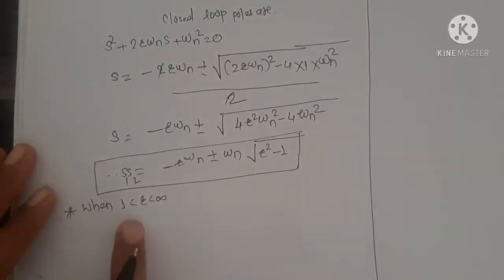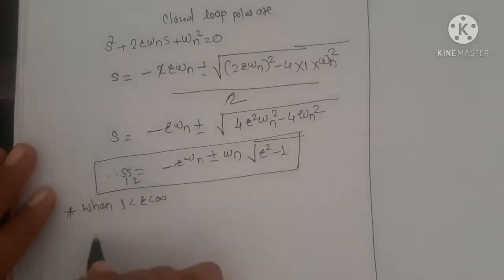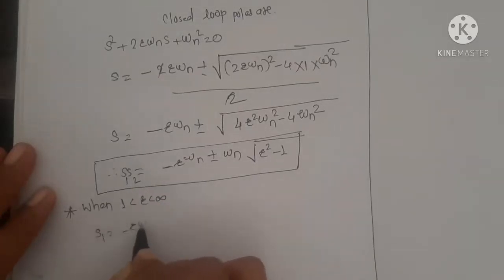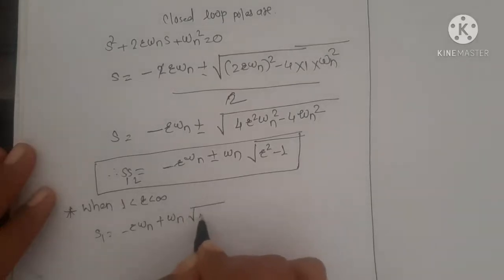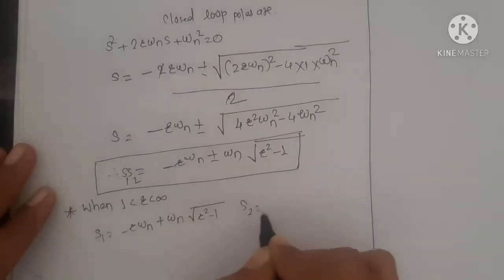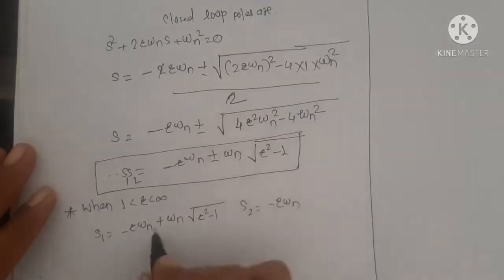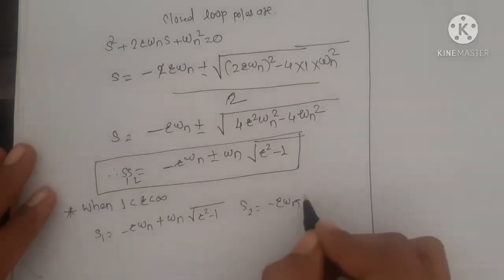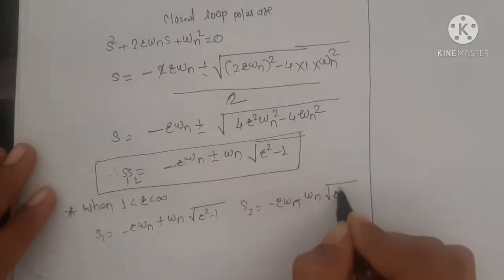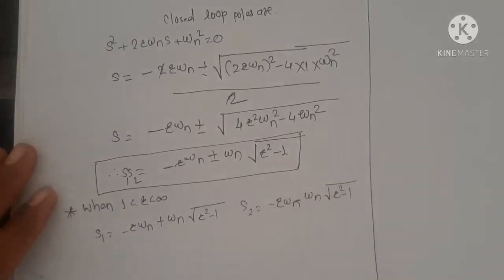So when eta is greater than 1 but less than infinity, the poles will be S1 equal to minus eta omega n plus omega n under root eta square minus 1, and S2 equal to minus eta omega n minus omega n under root eta square minus 1. So we obtain roots that are real and unequal and negative.